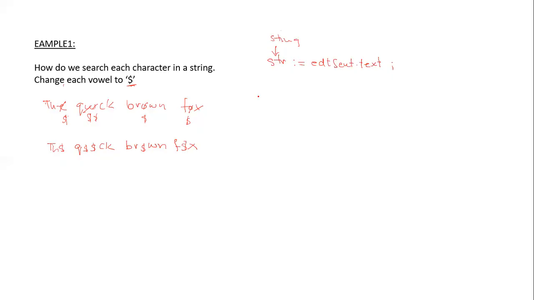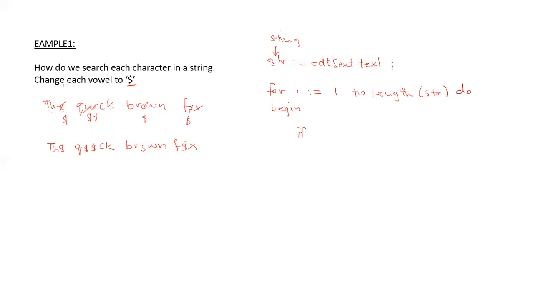So we now want to search each character in our string. And the technique from a previous video, you should remember, we use a for loop: for I from 1 to the length of the string variable str, do, begin. We then treat the string variable like an array, and I check if it is a vowel.